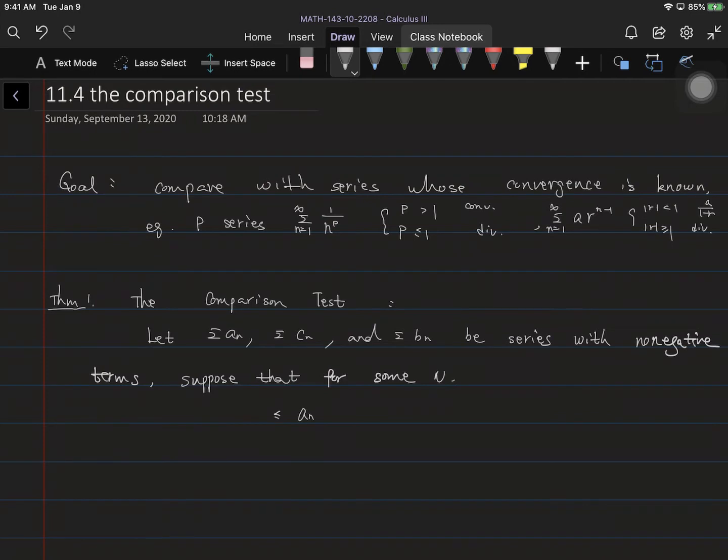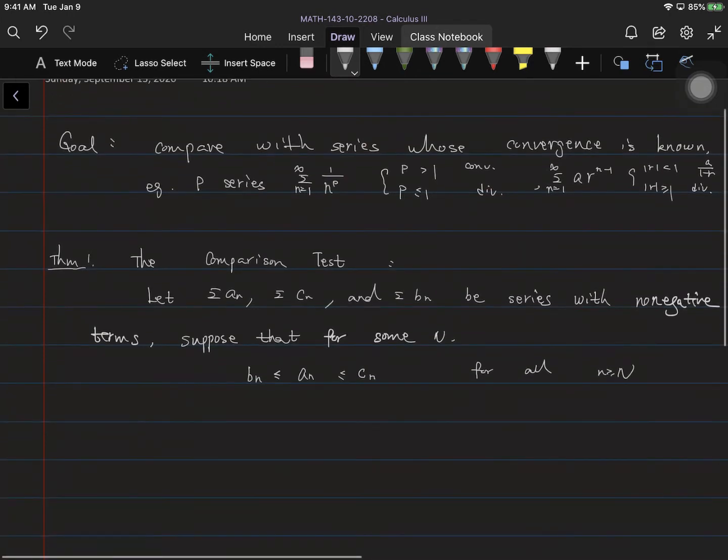AN is in between BN and CN. Okay. For all n greater equal to some, so that just means start from some n. This condition is satisfied.